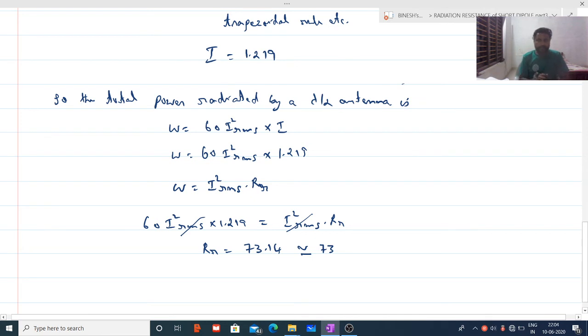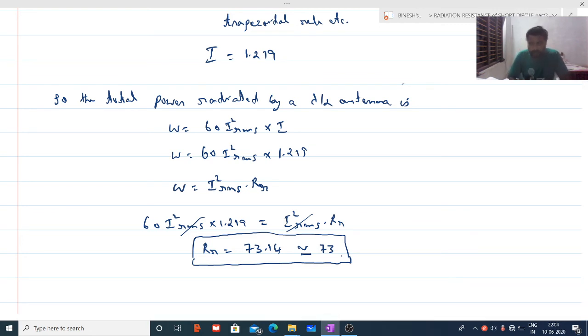So this is the radiation resistance, related to the total power radiated by the lambda by 2 dipole antenna, or half-wave dipole antenna, in free space. The radiation resistance of a center fed half-wave dipole antenna is 73.14, or approximately 73 ohm.